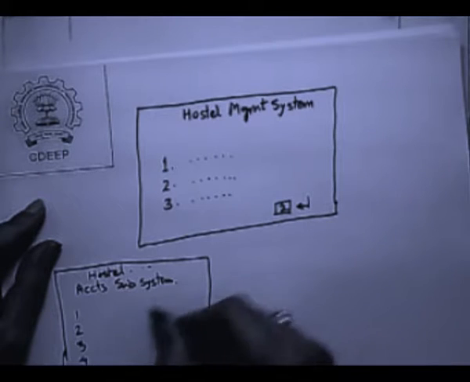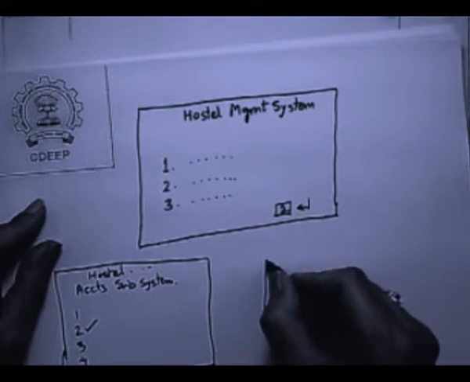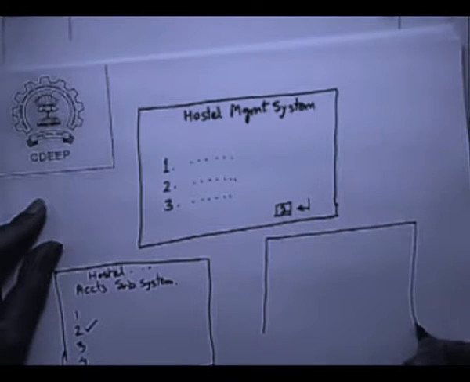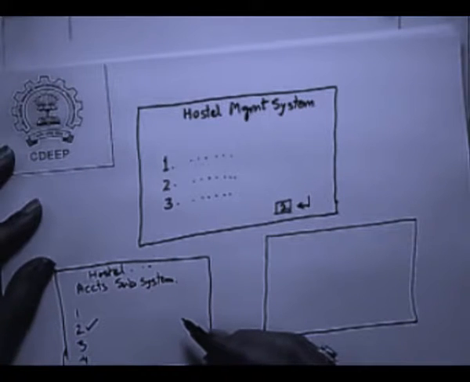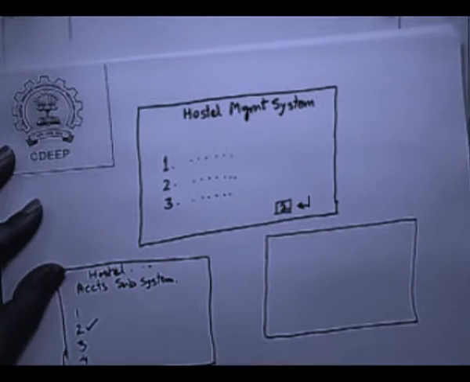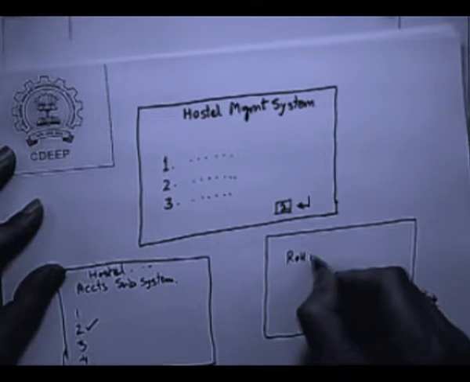There would be another example. Suppose, as I said, you press 2 here and you will be guided to a data entry screen. Let's say this data entry screen permits you to enter for each individual student the additional mess charges that are to be paid by that student. In which case what you will have will be something like a roll number here.